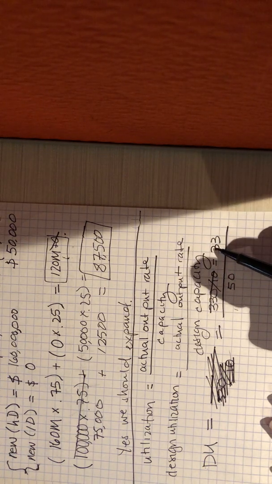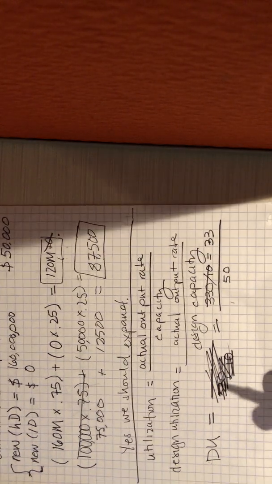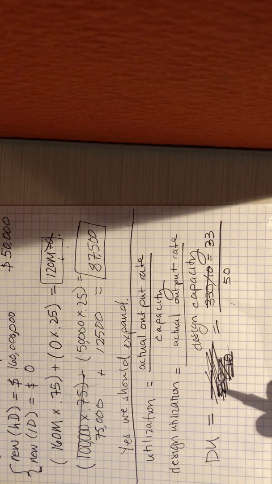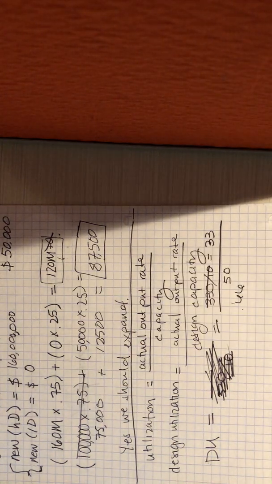And we actually were able to fulfill 33 seniors per hour. So 33 out of 50 is our design utilization. So I'm just gonna plug that into the calculator to get a percentage value. And it is 66%. So our design utilization is 66%.